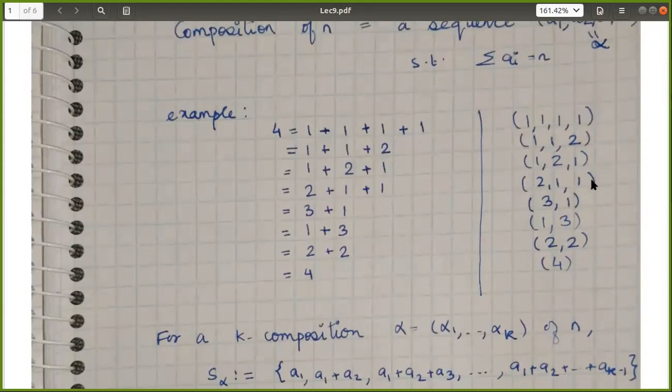So there are three 3 compositions, three 2 compositions, one 1 composition, and one 4 composition. If you want to find all compositions of a particular number, you will have to sum over all the k compositions, where k ranges from 1 up till n.